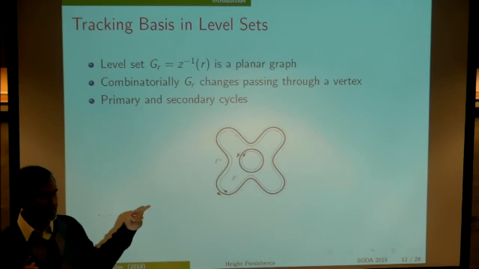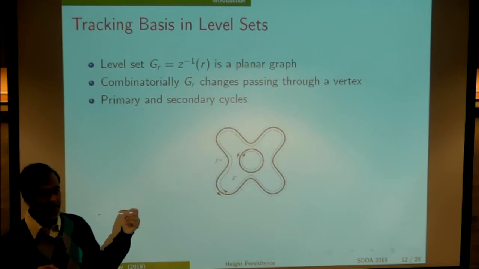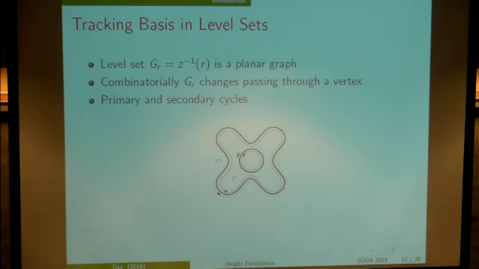That's the reason I go for primary and secondary cycles. The tracking happens mainly for the primary cycles, but secondary cycles I have to track too, because sometimes, because of the operation, some secondary cycle can generate a primary cycle, or a primary cycle can generate secondary cycles. So one has to be careful about how things split and merge and what happens to primary and secondary.